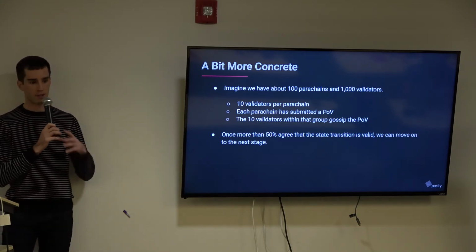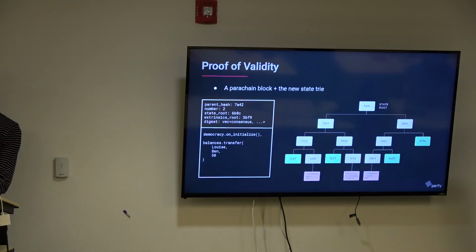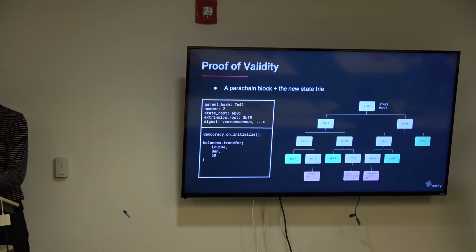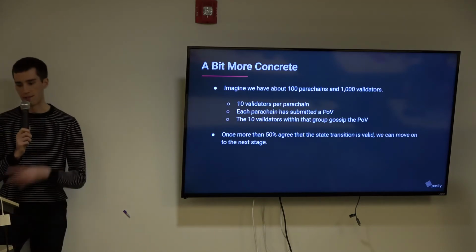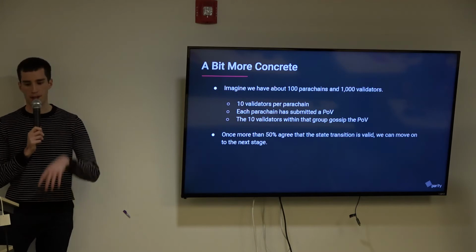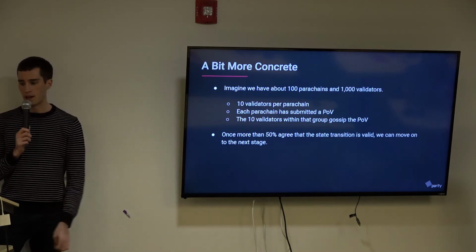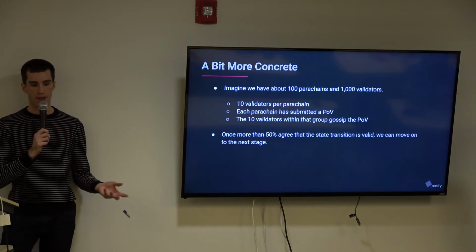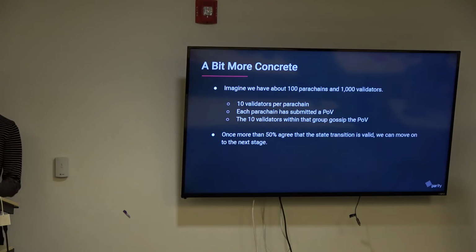If you have 100 parachains, we don't want to put 100 times of this into a single block, because that's not practical. The 10 validators in that group are gossiping around, and all of this is happening in parallel, each parachain is doing this. Once more than half of the validators on the parachain agree that it's valid, they start preparing the next step, and that is to get it to the relay chain.